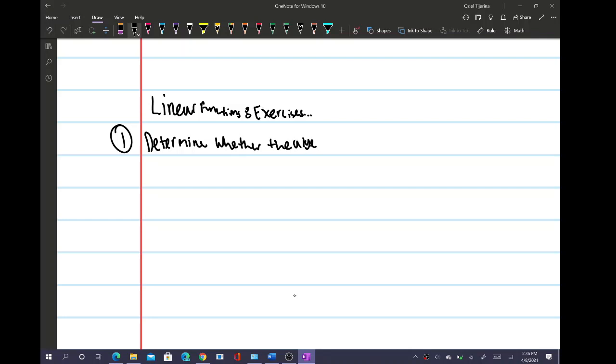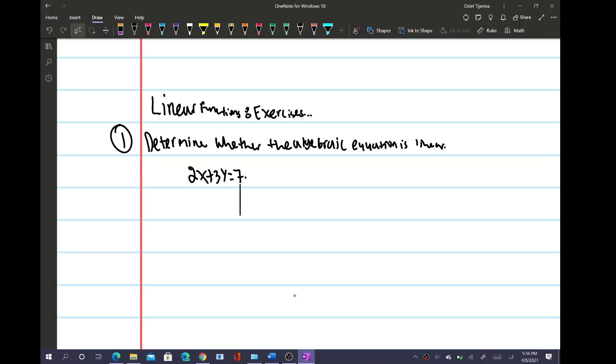So it says, determine whether the algebraic equation is linear, okay?